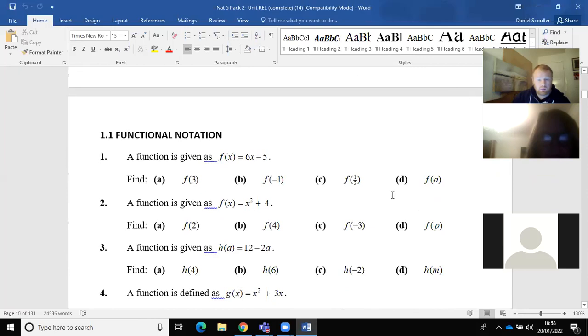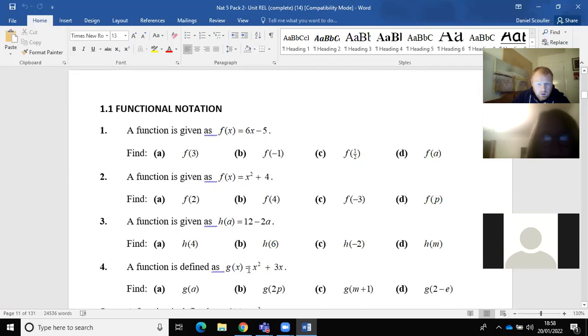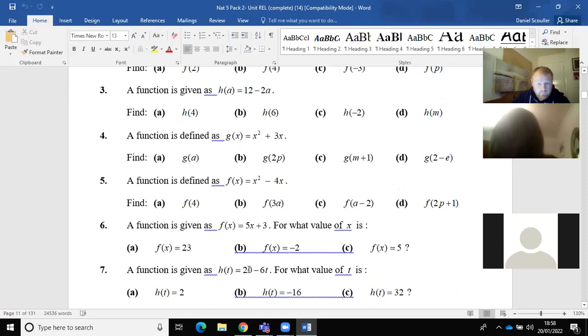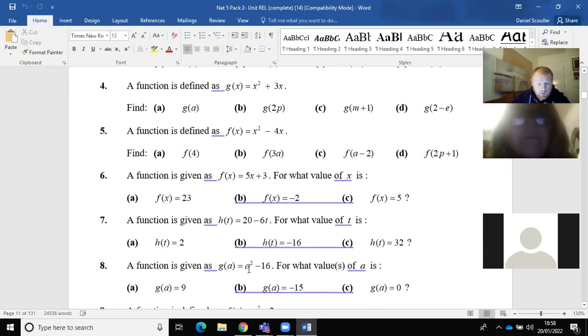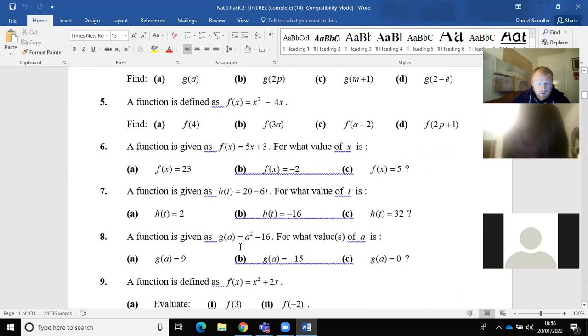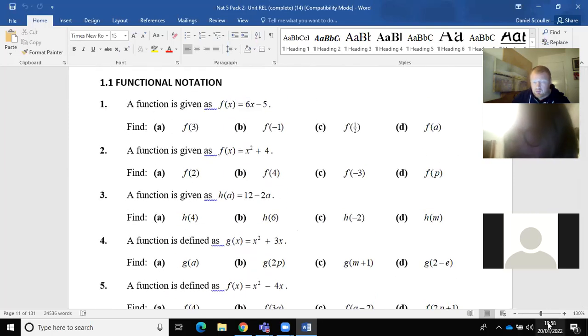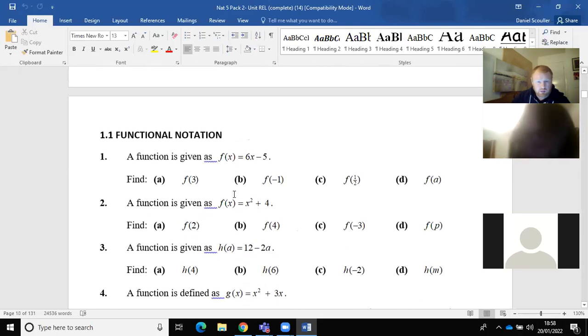Find f(e). Okay, so 1, 2, 3 is fine. We've been on for an hour, so we can take a wee break as well.